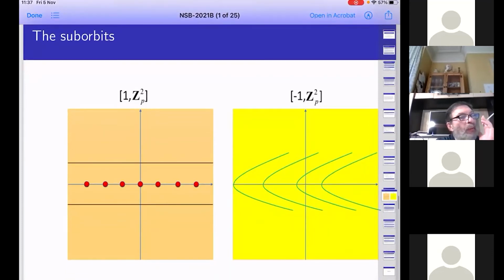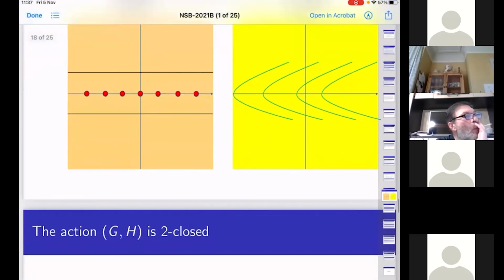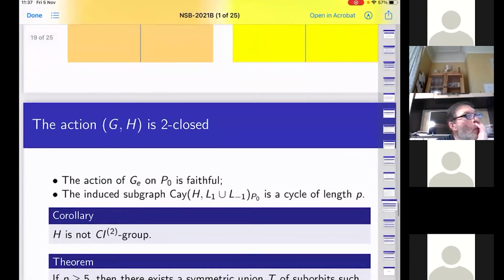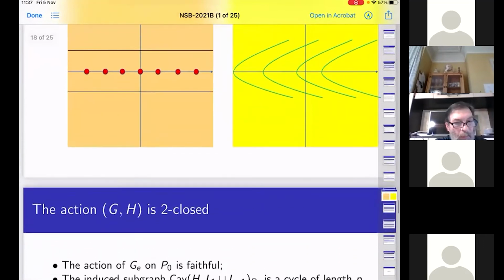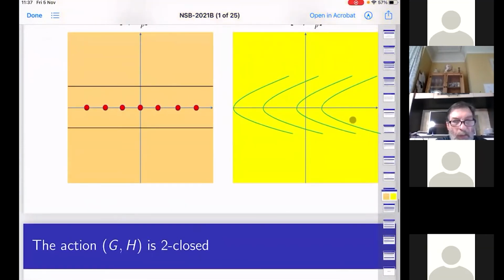Now, first we show that the action of G on H is 2-closed. How do we do that? Let's take this suborbit, the orbit of a point stabilizer, and we show that the point stabilizer of the 2-closure should act faithfully on this parabola.